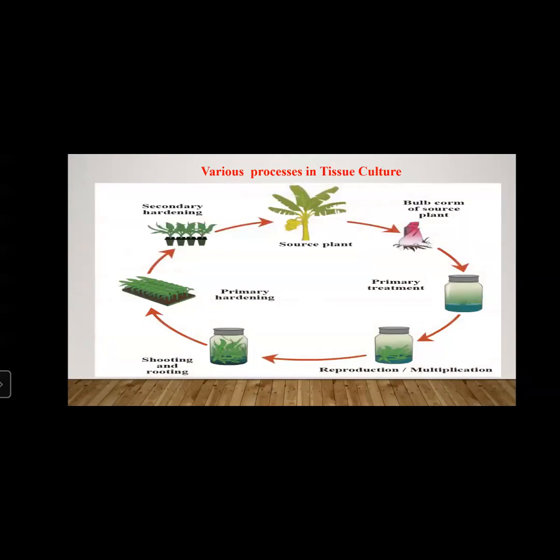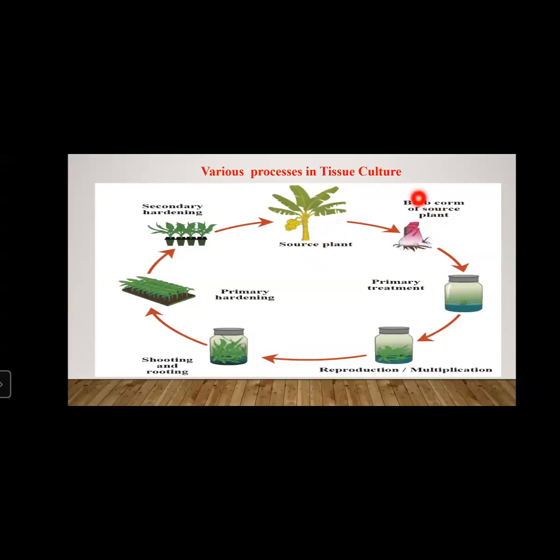Various processes of tissue culture. Now, this is very important. This is usually asked in exams to label the steps involved in tissue culture technique. The first step is to select the source plant. Source of what? It is a source of the totipotent tissue or a source of meristematic tissue.